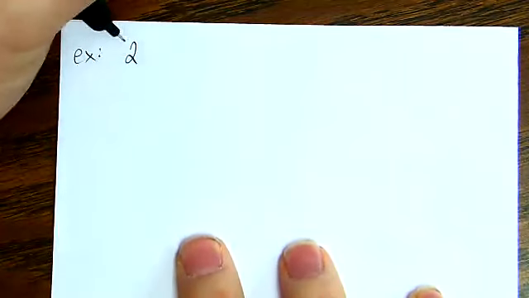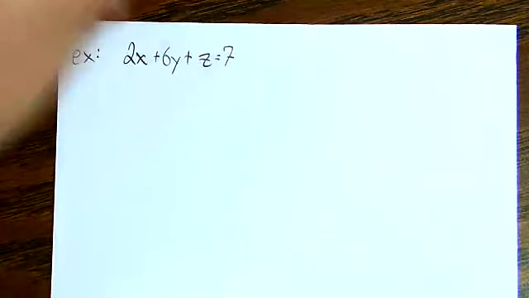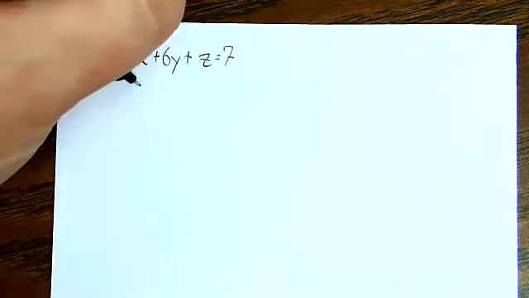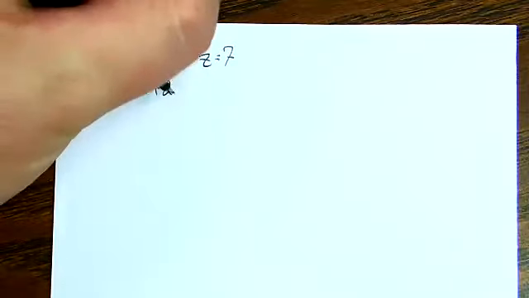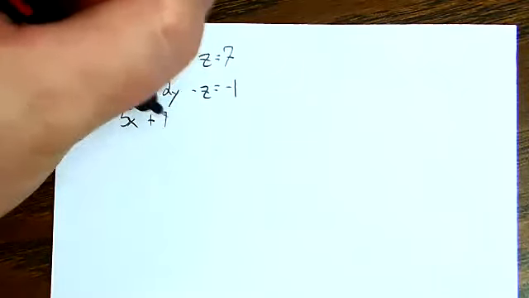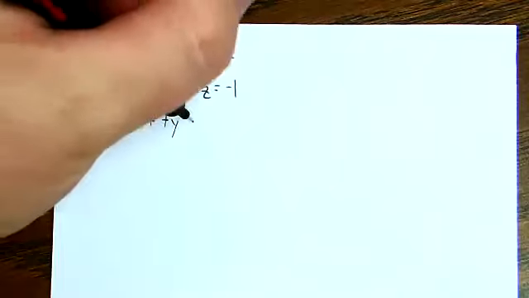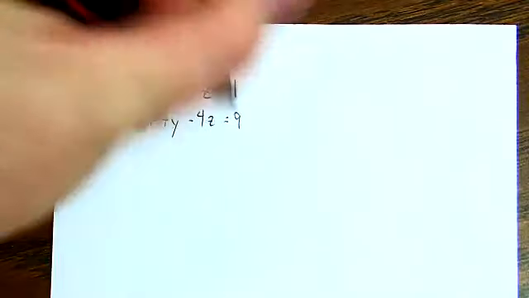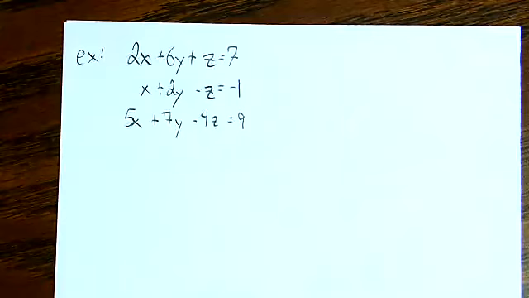If I have the equation 2x plus 6y plus z equals 7, and x plus 2y minus z equals -1, and 5x plus 7y minus 4z equals 9, and I want to solve this system of equations, I can, of course, use all of the approaches that I know from algebra, right?